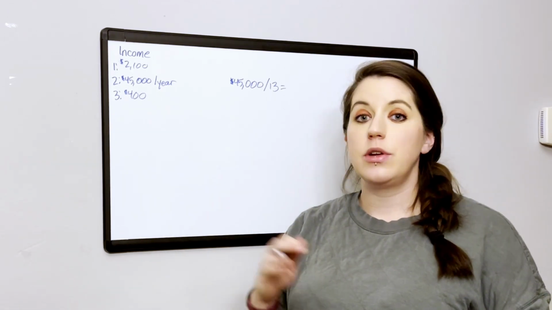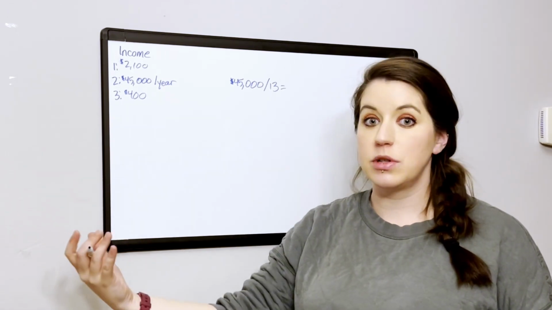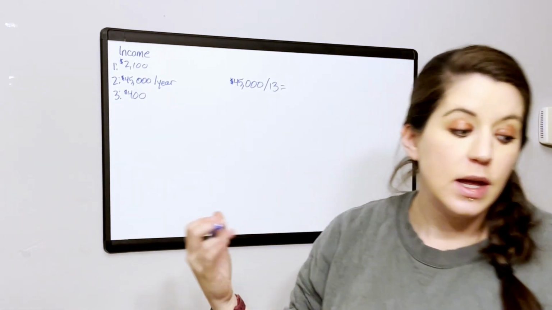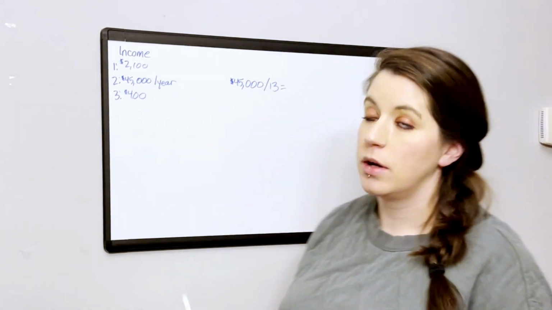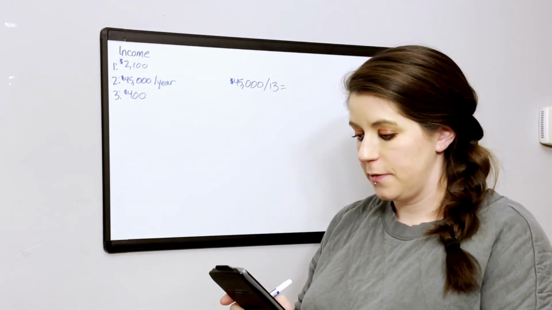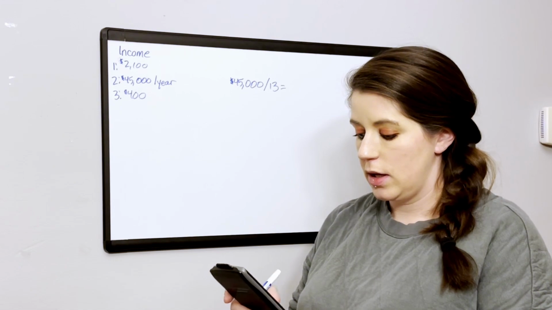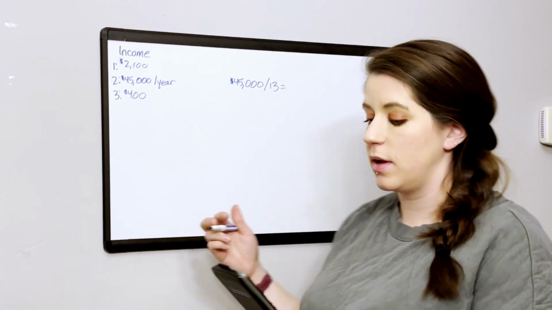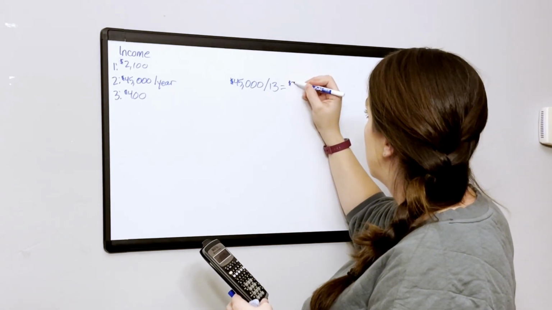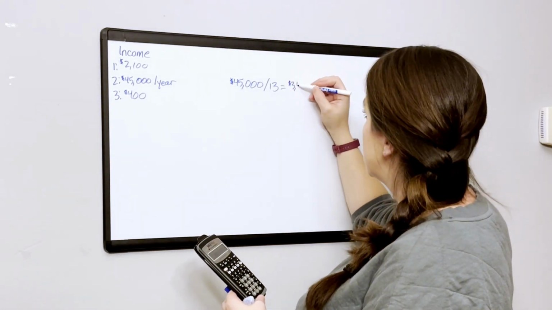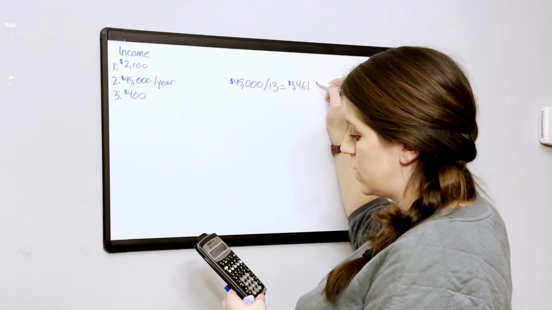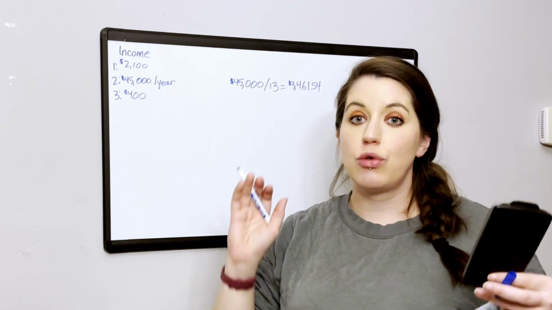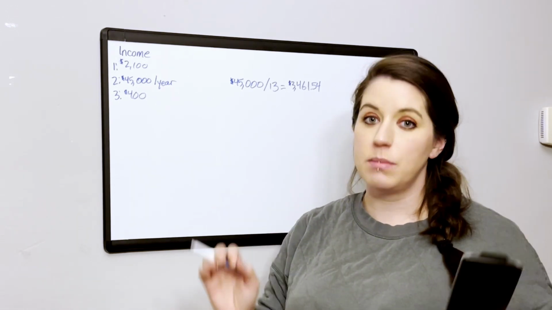As I showed you earlier, you can divide it by 52 and then multiply it by 4, or divide it by 26 and multiply it by 2. I'm going straight to the source, and we're going to divide that by 13 to get a 4-week monthly amount, which is $3,461.54, and that is their gross 4-week monthly amount.